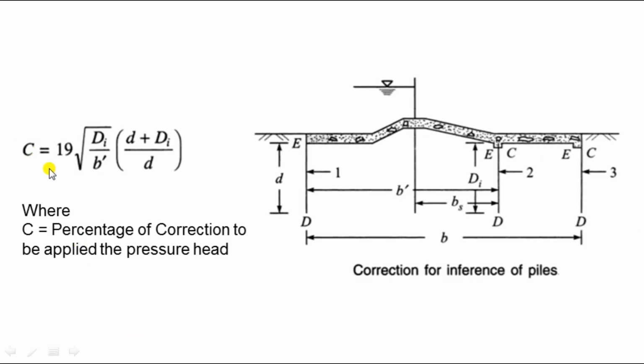The value of C is called the percentage of correction to be applied to the pressure head. How much pressure we have to maintain here and maintain that particular head can be calculated using this equation: C is equal to 19 under root D1 by B dash, d plus D1 upon D.